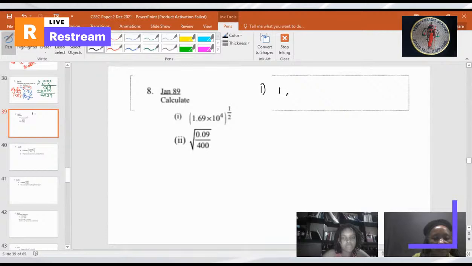And the square root of 10 to the fourth power is 10 to the second power, which is 100. So 1.3 times 100, which would give you 130.